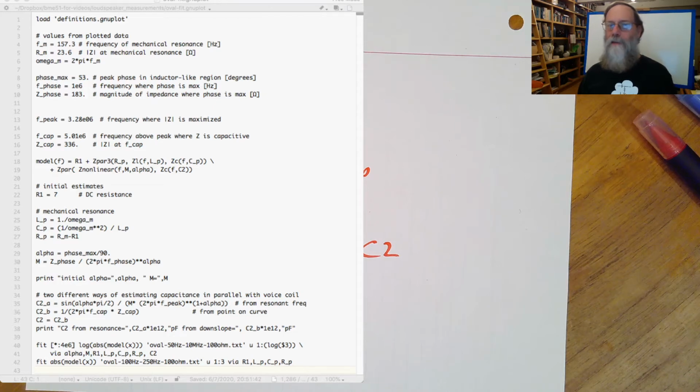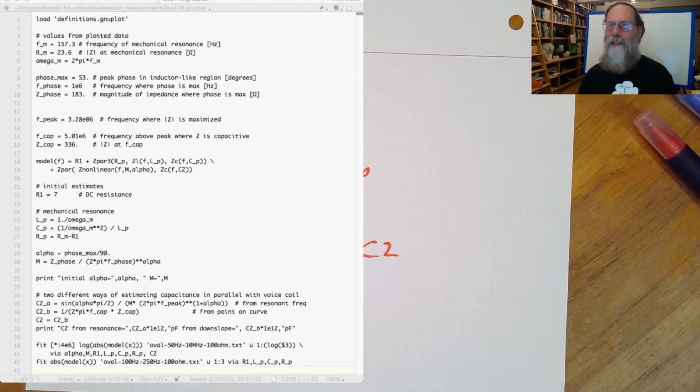I could have just said 1 over omega m for both and it would have worked, with the same values as I've got here. The reason I wrote it this way is that if I wanted to estimate L to be bigger or smaller, I only have to change one number here. That would change both L and C while keeping their resonant frequency at FM, the frequency of the mechanical resonance.